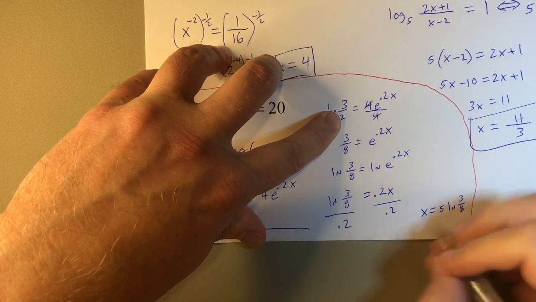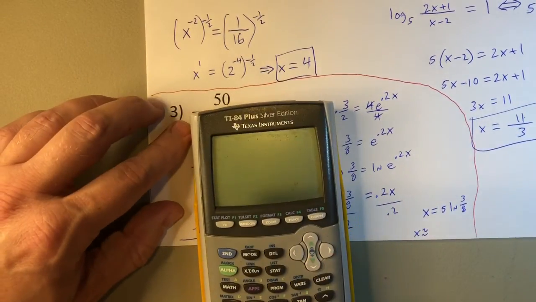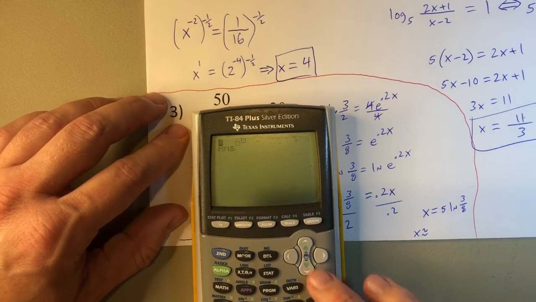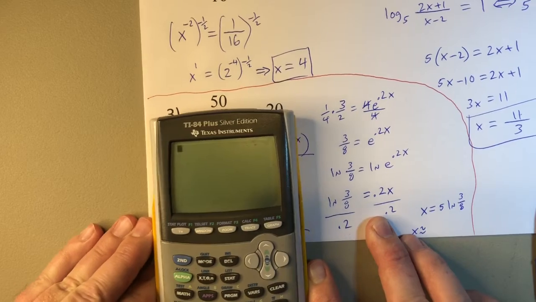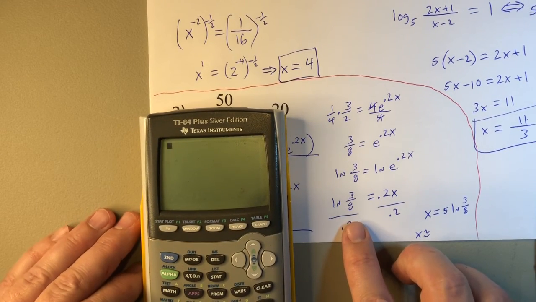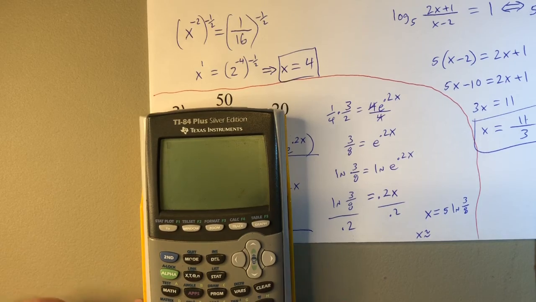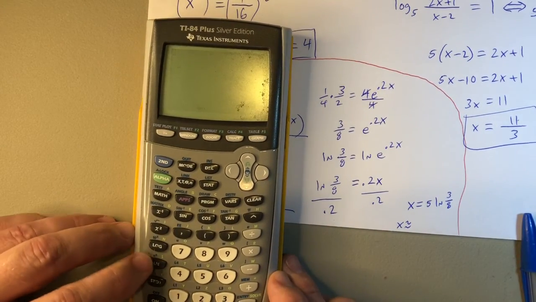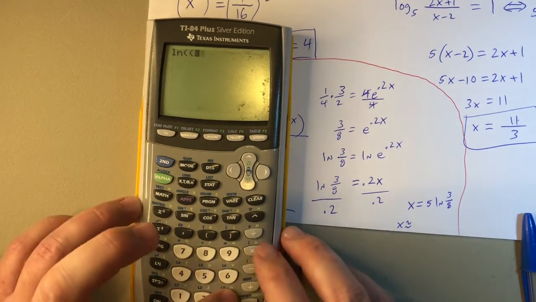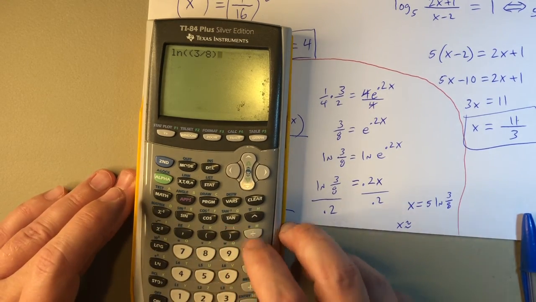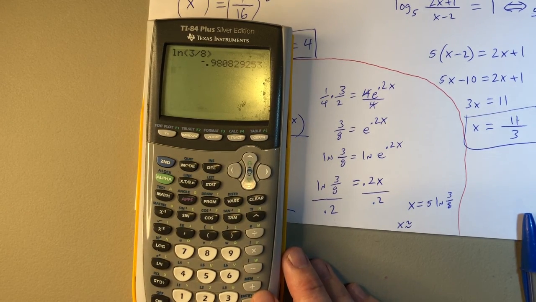But you'll probably be rounding this, so let's go ahead and look at our calculator. So I'll just enter it in like it is right here, okay? So here's what I'm going to do. I'm going to do the natural logarithm. The natural logarithm button is right here. The natural logarithm of 3/8.